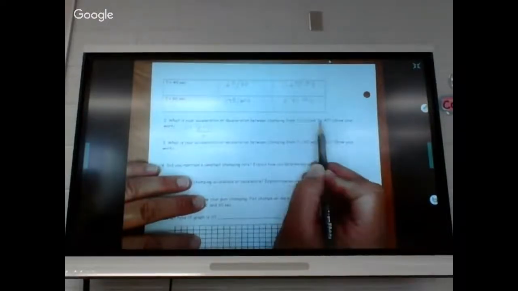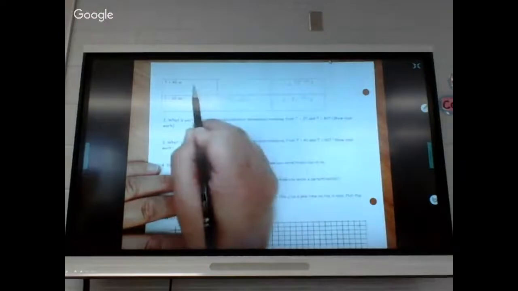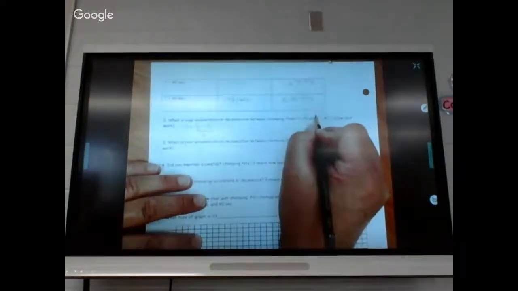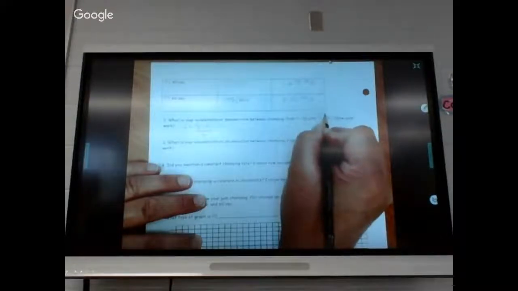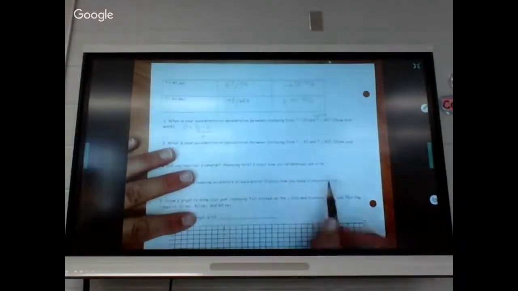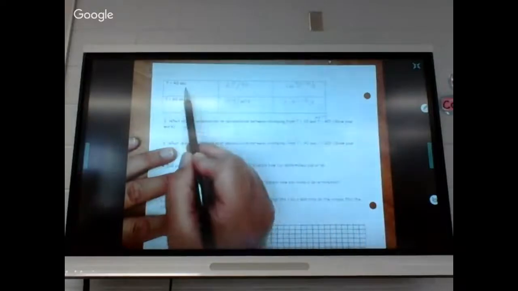Now, we're doing this with 40 and 20. So these are our 2 times, right? Find your speed at 40 seconds. Mine is right here. So my speed is 1.675. I wrote it right there, that way we can plug it into the formula in a minute.